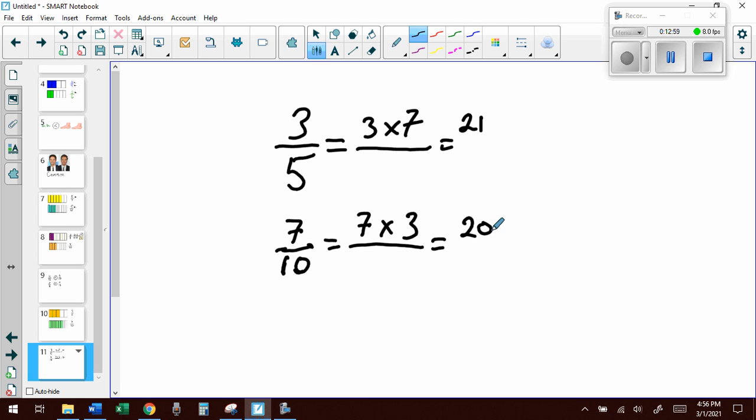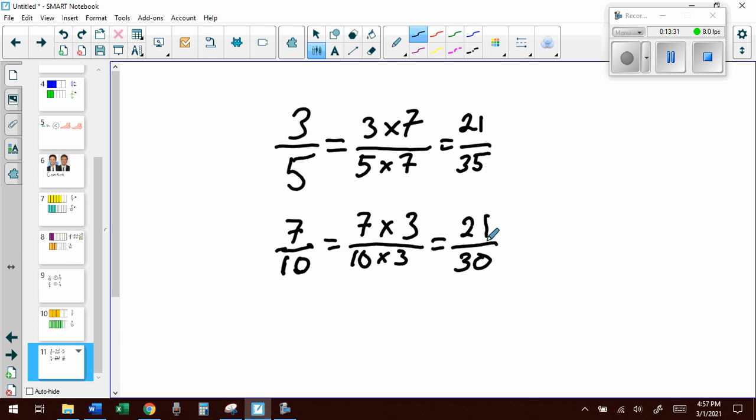Oops. Now I did that to the numerator, so I have to do it to the denominator. Oh, anybody catch that? And what I did down here to the numerator, I have to do to the denominator.